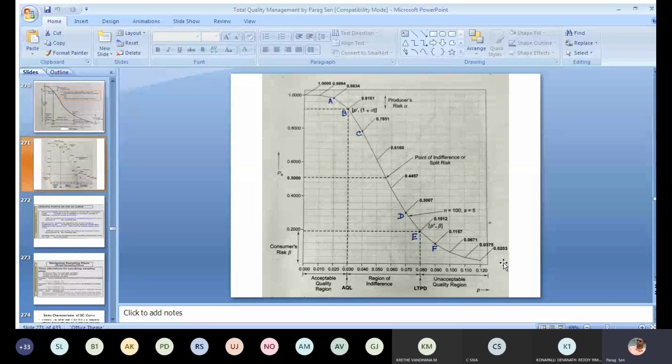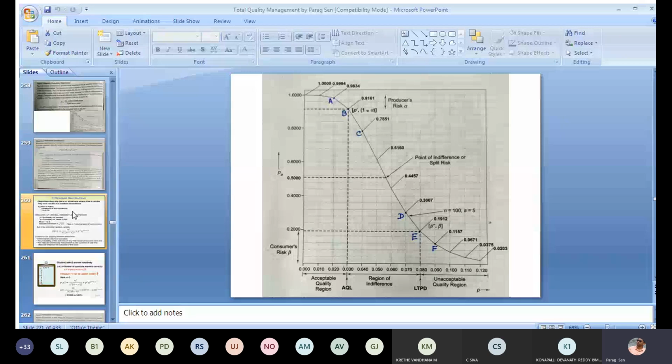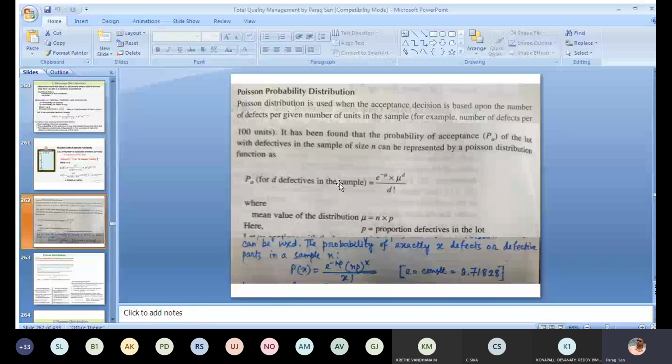Have a look at the formula of the Poisson distribution. This is the Poisson function, that means the probability of acceptance. The Poisson function is given by e to the power minus mu into mu to the power d divided by d factorial.